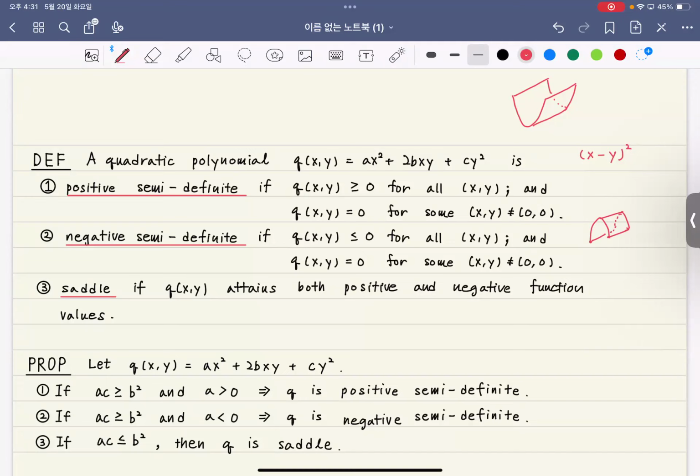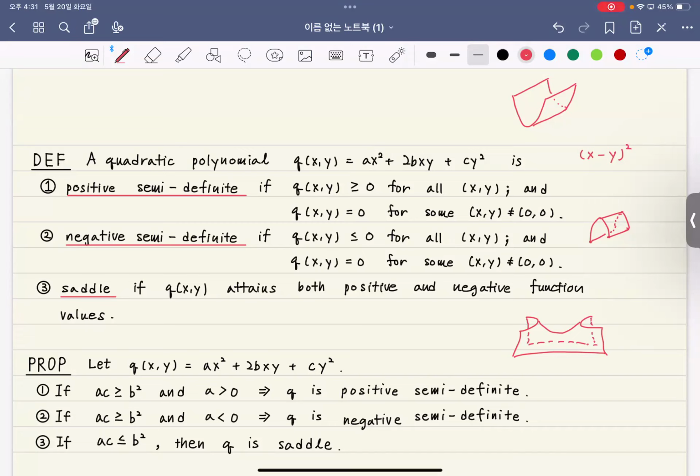Okay. What about saddle? A quadratic polynomial is saddle if it attains both positive and negative function values. So in a picture, its graph must typically be something like that.